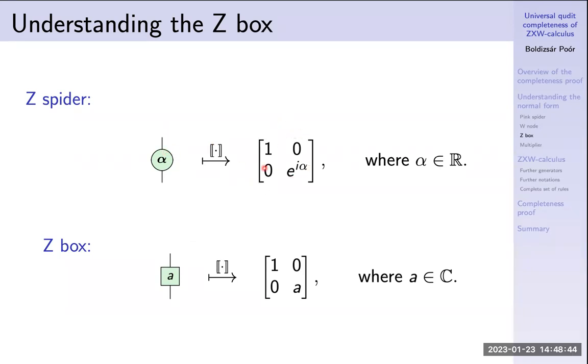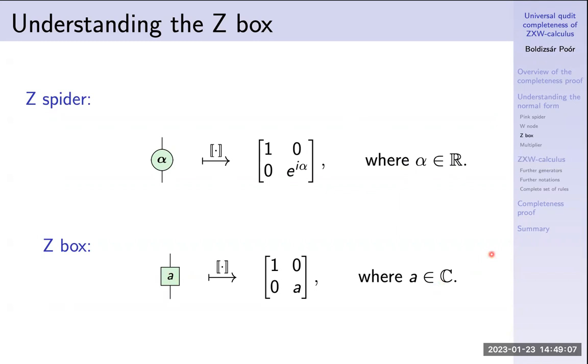This is the general Z rotation gate, and alpha can be any real number. Now the Z box is a bit more general. Here we don't just have e to the i alpha, but we have any number a that's related to the phase of this Z box. And this a can be any complex number.